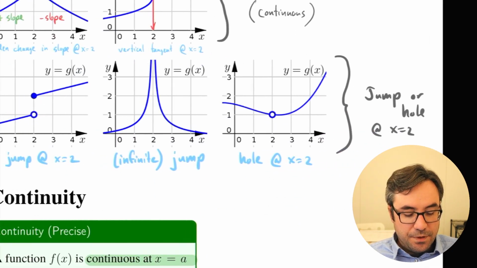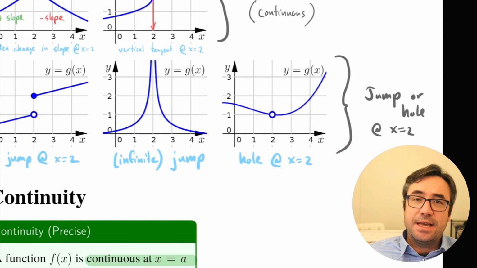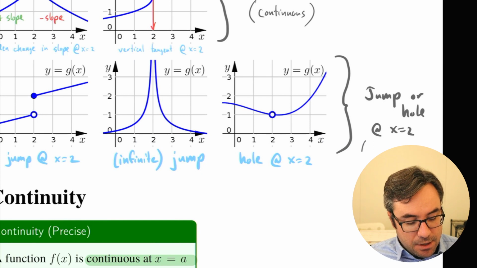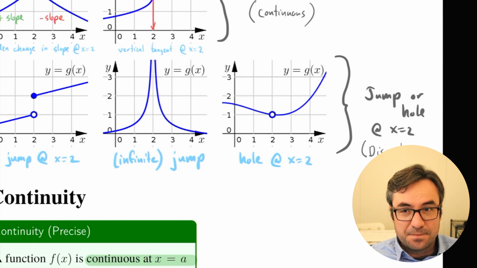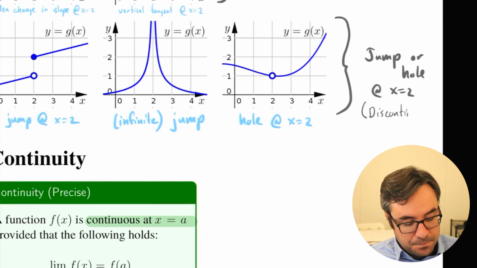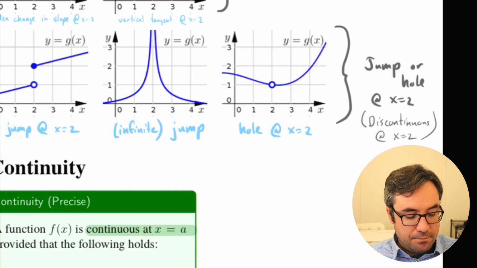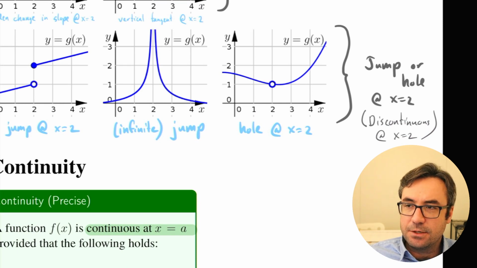And these last three, where there is a break or a jump or a hole in the graph, are all discontinuous. They have a discontinuity at x equals 2.